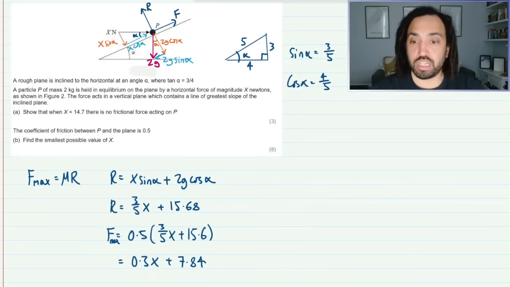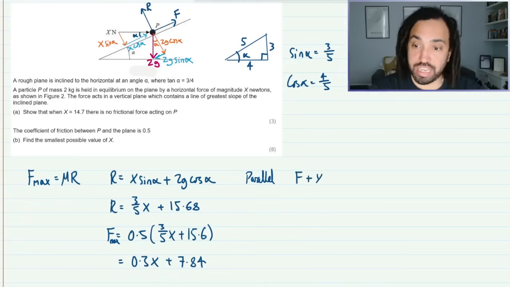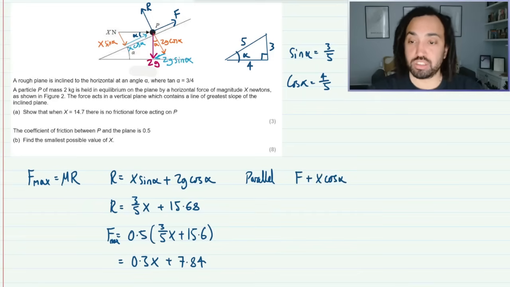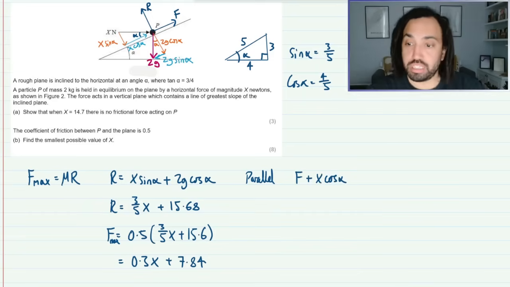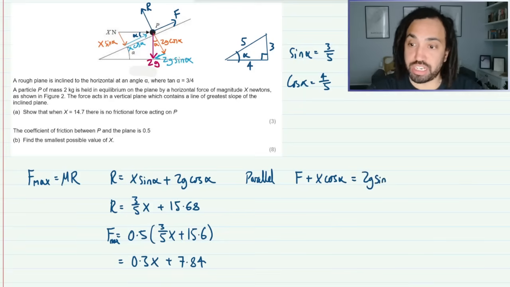So if we look along the plane, parallel to the slope, these forces should be balanced. So the forces would be F plus X cos alpha. So friction plus X cos alpha, that's going up the slope, and that should equal the force going down the slope, which is 2g sine alpha.